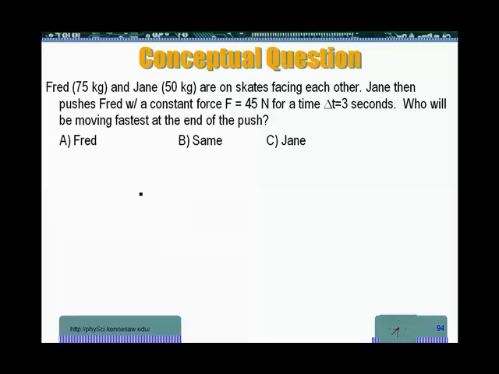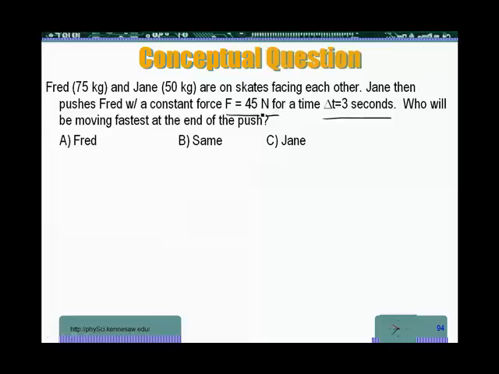Now, this is probably, I should have broken this into several questions. Now, this is the force that Jane is going to apply on Fred.